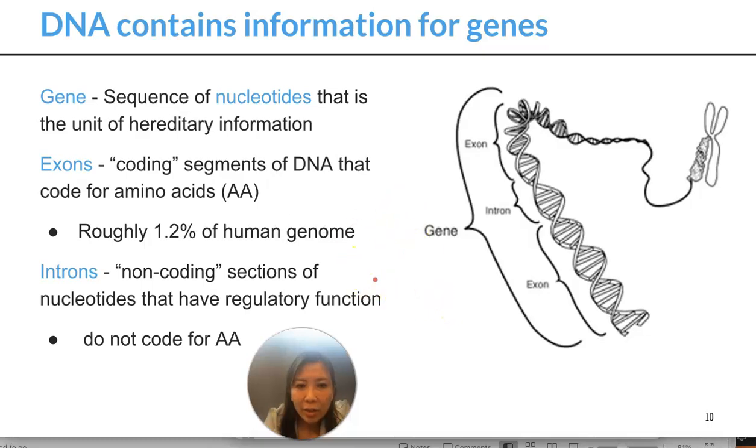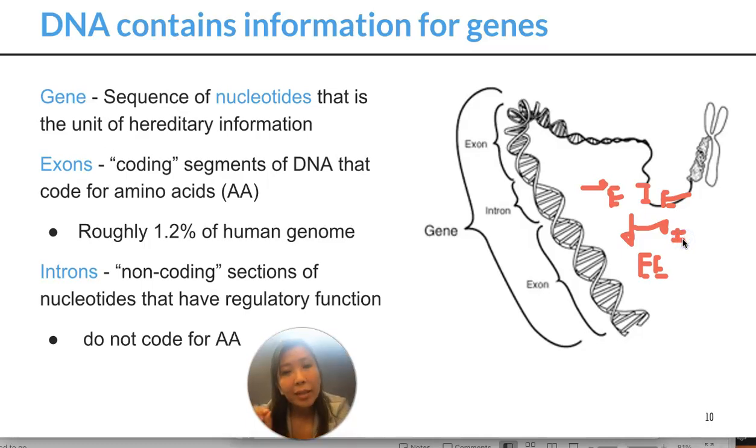So if our gene is E, I, E, in the end we're going to make protein with just E and E. We remove the I, and we end up with EE.